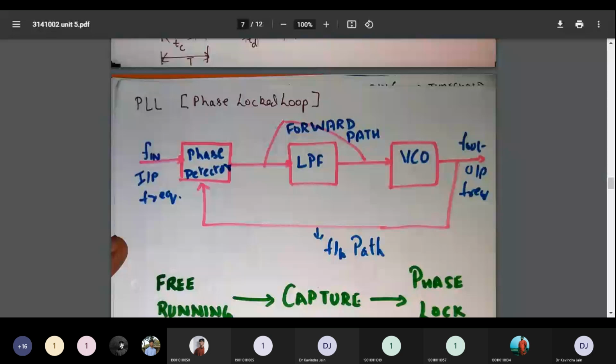Then it generates a DC voltage which is directly proportional to the phase difference.